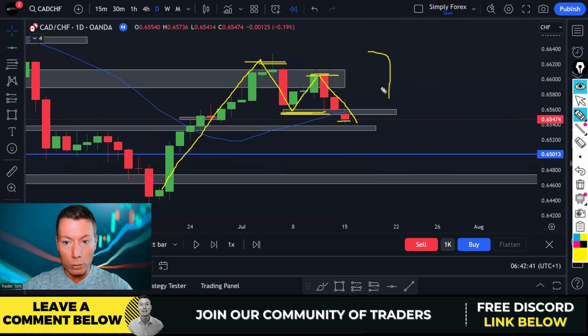So that also supports the sell idea, right? You can see how multiple time frames we're starting to paint a picture. So weekly and daily have told me I can sell. And remember, our target is back down to here.